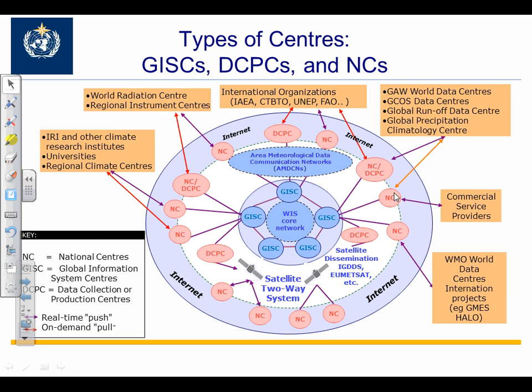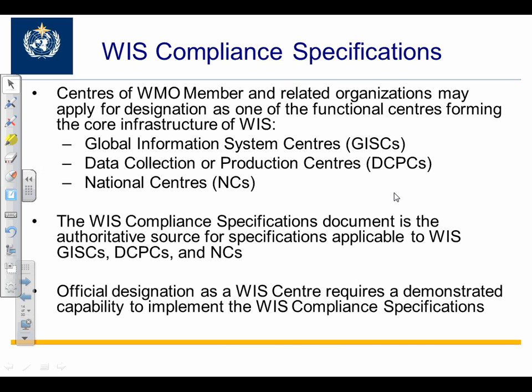So what about now the JISCs and DCPCs? You have heard maybe in an earlier presentation that there are 15 candidate JISCs and more than 100 candidate DCPCs.